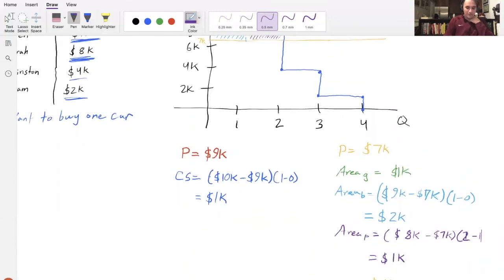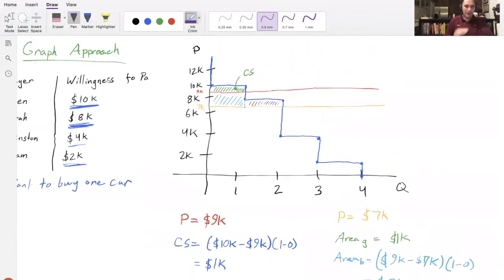I shaded these regions colors for special regions so that you can actually see the change in consumer surplus. So with the red line, the price changed from 9,000 to 7,000. We went from the red line down to the orange line.